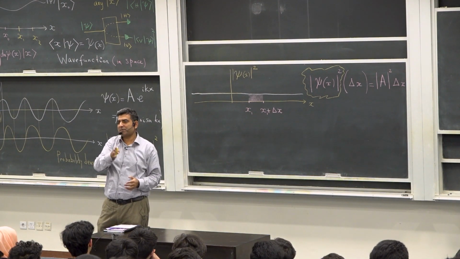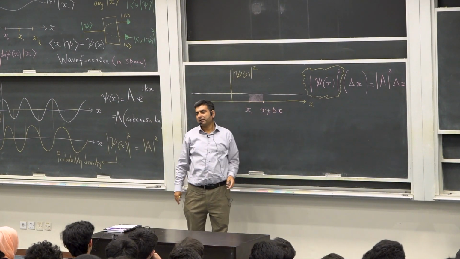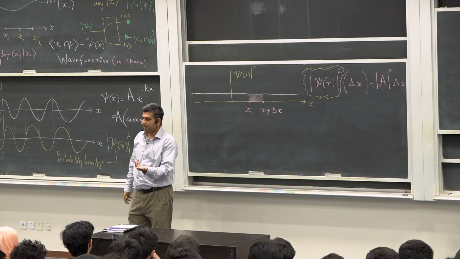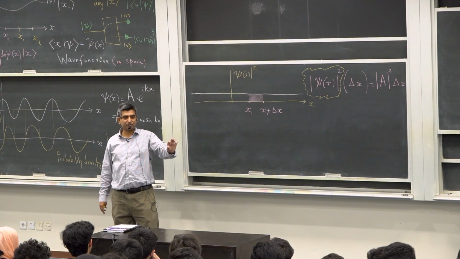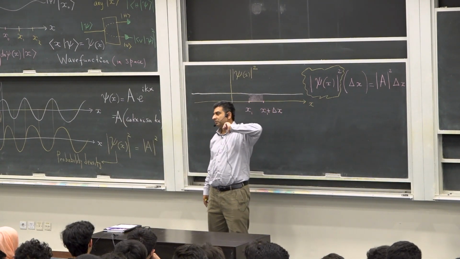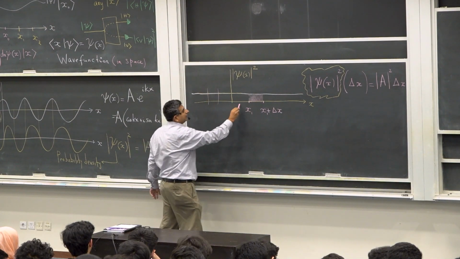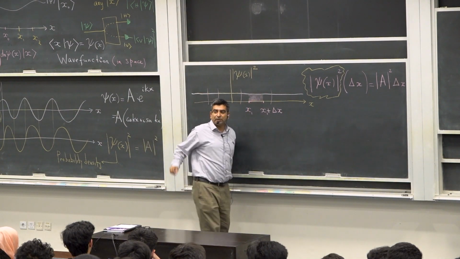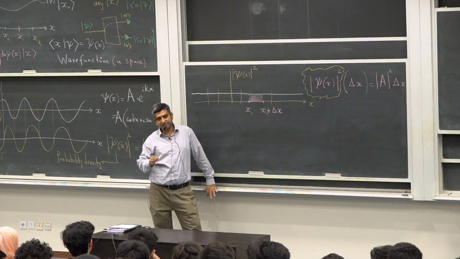That's the outcome of the measurement, and all possible x's are probable with equal probability. So, uniform probability distribution, because this line is everywhere. So you can find the particle here or here, anywhere, with equal likelihood, because it's a uniform probability distribution function.